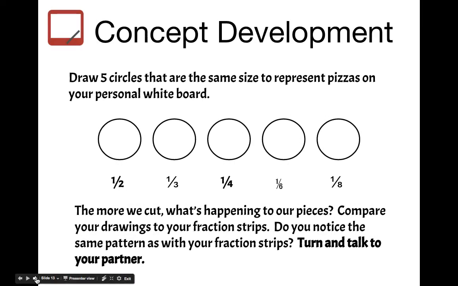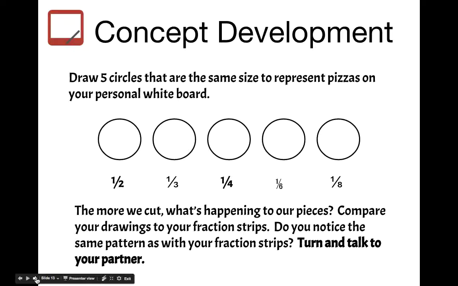Let's make a model and see what happens. Draw 5 circles that are the same size to represent pizzas on your whiteboard. I want you to estimate to partition the first circle into halves. Make sure that you use your unit fraction.